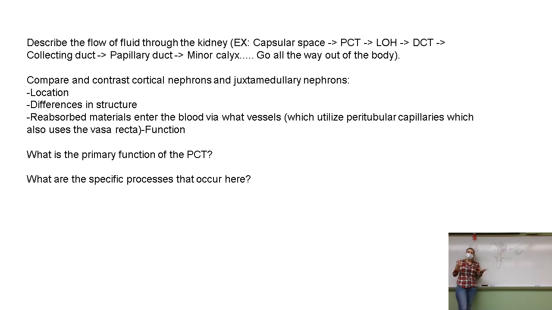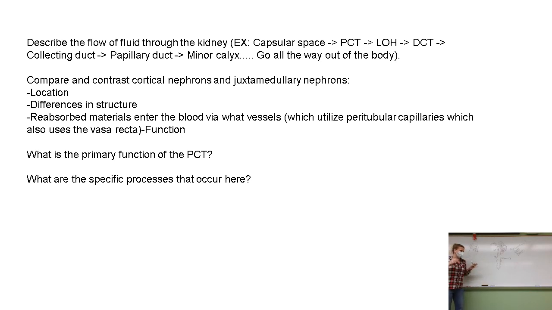We talked about in lecture specific circumstances where maybe some of the nutrients wouldn't get reabsorbed. There are circumstances when some glucose actually remains in the urine, like when people have diabetes, exactly. There are some circumstances where some amino acids might remain in the urine, if you've got a really high concentration in your blood.